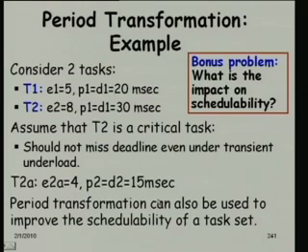Please investigate this. As I was saying, Rajkumar's paper is available on the net for everyone to look at, the 1989 paper. You can consult that or any other paper or any other literature that you wish, and please submit the result: what is the effect of the period transformation technique on task schedulability.